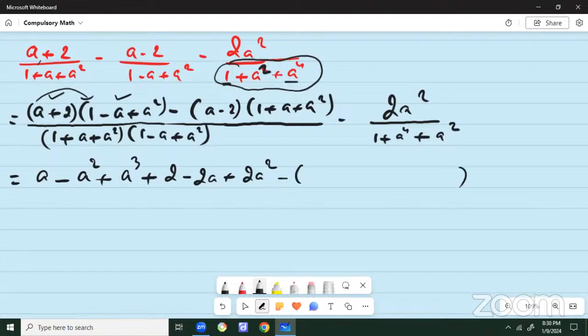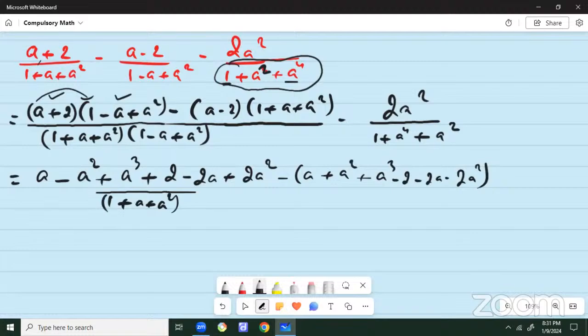Now let's multiply this one also. We'll get a plus a square plus a cube minus 2 minus twice a minus 2a square. And we have in the denominator 1 plus a square, 1 minus a plus a square.